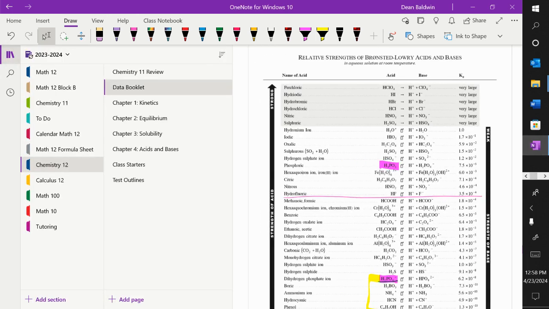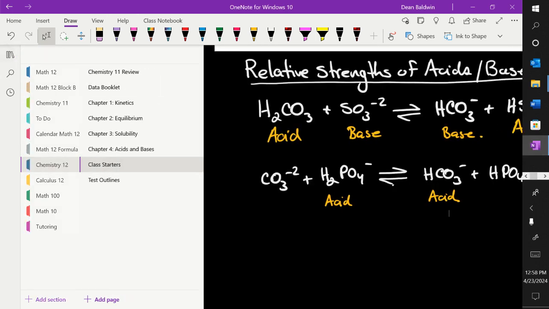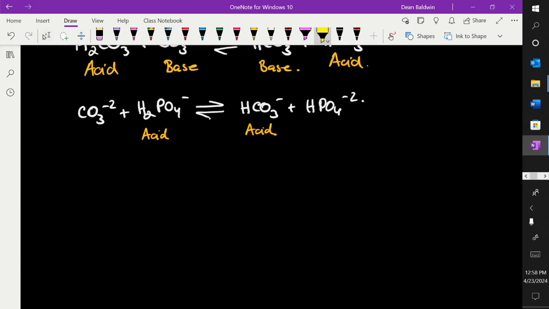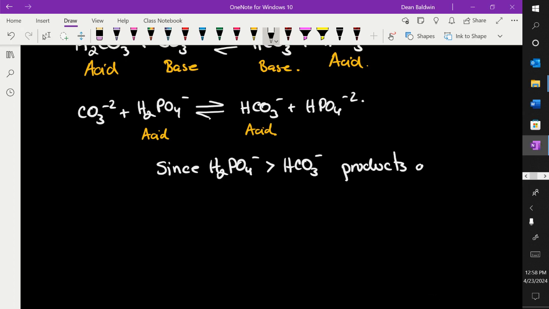So, since H2PO4 minus is stronger than HCO3 minus, the products are favored, and KEQ is greater than 1.